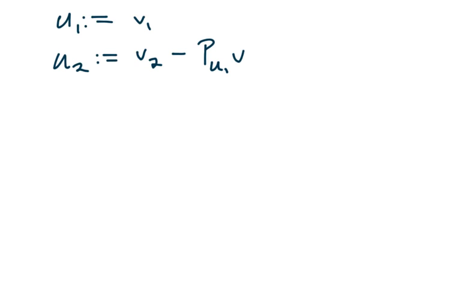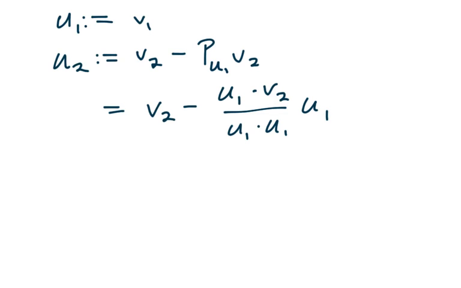And if you write out this formula, U1 is just equal to V1, and that's a definition we're making. We're defining U1 to be V1, and we're defining U2 to be the original V2 minus the projection onto U1 of V2. And you can write out the formula for this because we know the projection formula. This is just U1 dot V2 over U1 dot U1 in the direction of U1.